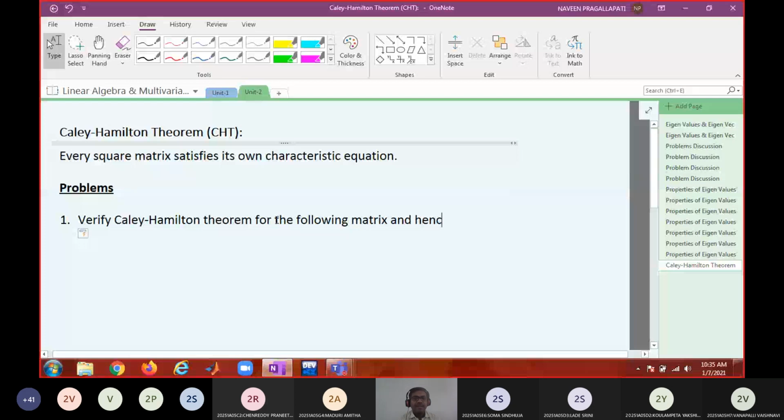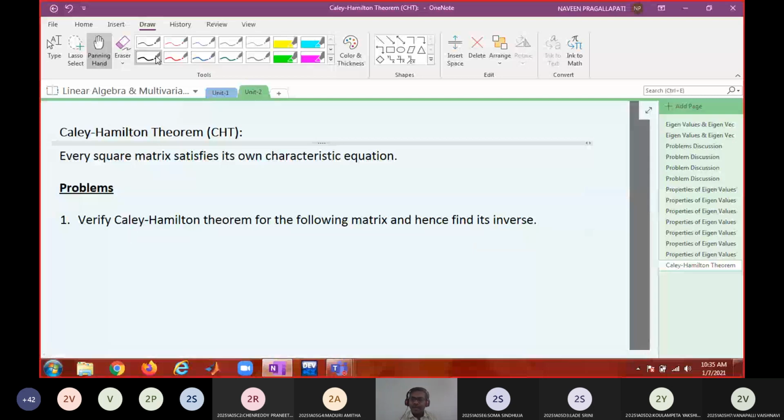And hence find its inverse. When it says "and hence find its inverse", that means you have to necessarily use the Cayley-Hamilton theorem.